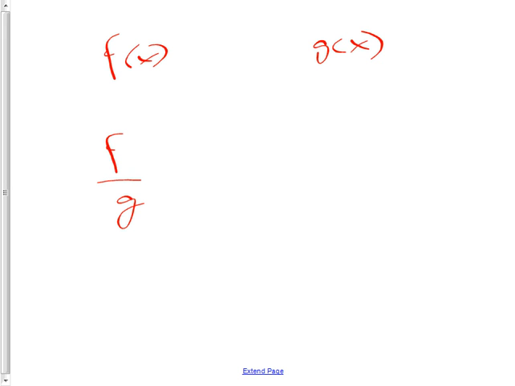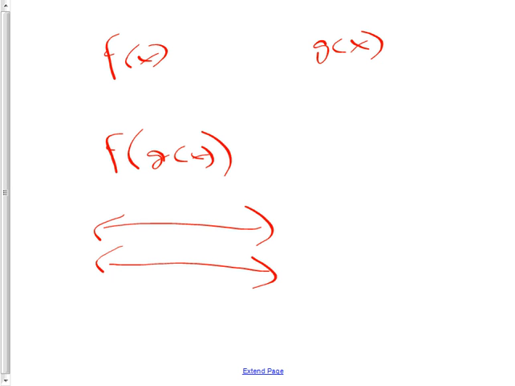How many number lines? 3 number lines. What's the third number line you have to add in? g cannot be 0. Good. And the last kind is if I do f of g of x, how many number lines there? 2, yes. And what are they? D of the inside, yep, and D of the composite. Good. All right, I think you got the main points.